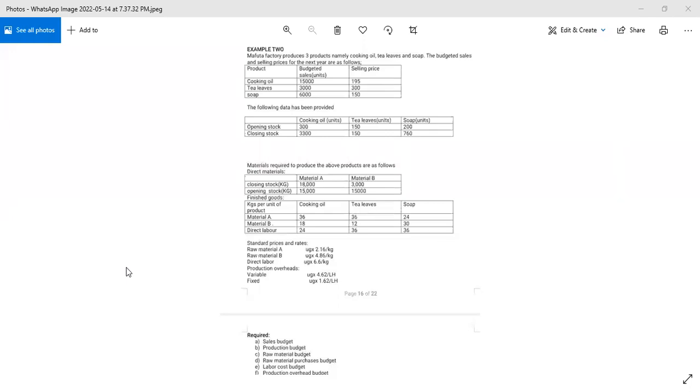Then soap, you have 207 and closing is 760, and 200. Like I said, in this case, opening is the negative, or it's what you subtract. So make sure it's negative in case you don't sell less. And what you have here is units produced, your production.